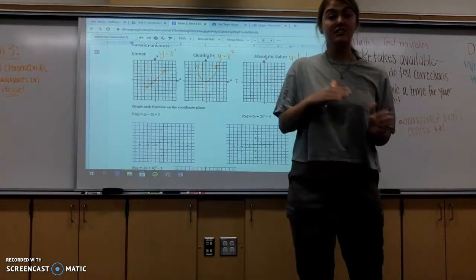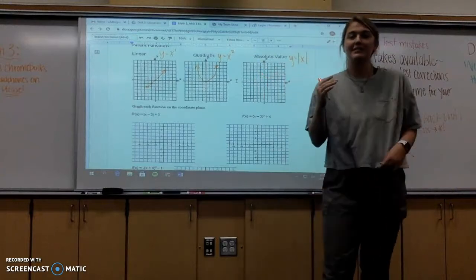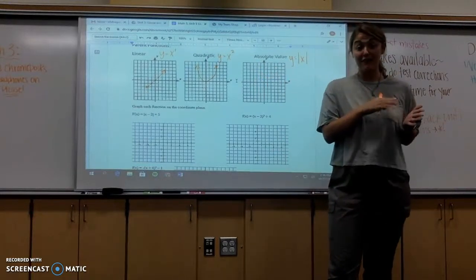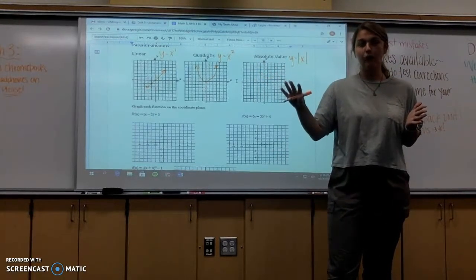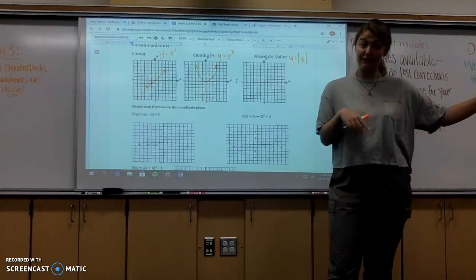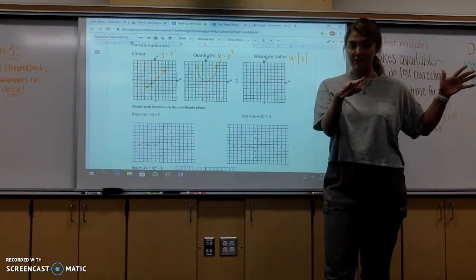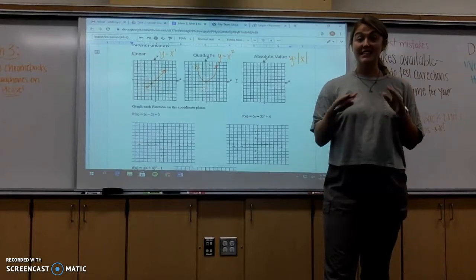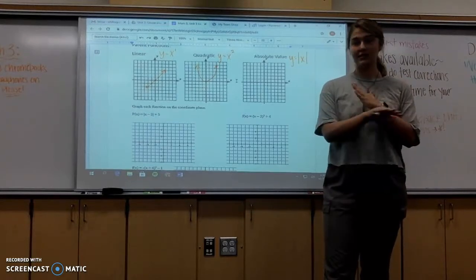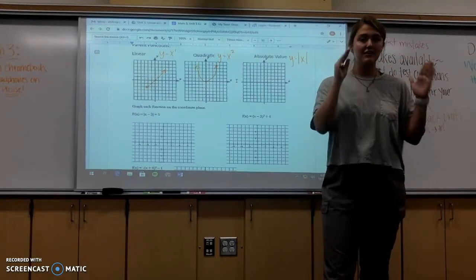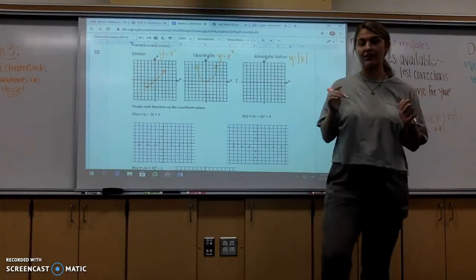So a distance away from 0 is technically what it means. So if I'm at absolute value of 5, I'm 5 away from 0. If I'm at negative 5, the absolute value of negative 5 is 5 because I'm 5 numbers away from 0. Okay, it's a distance, not a positive number. It's completely different. So think of distance when you think of absolute value.